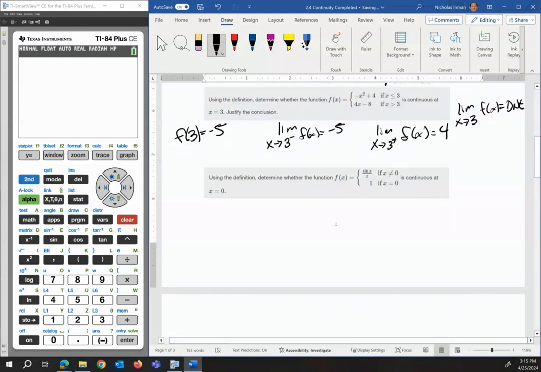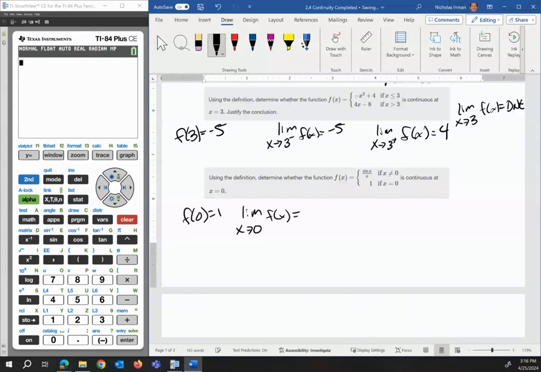All right, next up, let's see when x equals 0. Well, f of 0, x equals 0, we have the answer of 1. The limit as x approaches 0, well, we use this thing if x is anything besides 0. So we're looking at this equation, okay? And we've done that. The limit as sine of x over x, we have talked about.